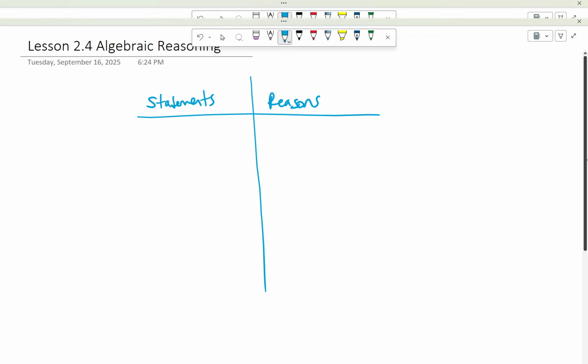On the left is where we're going to show our work and say what. And on the right side is where we're going to explain our work and say why. So left is what, right is why; show our work, explain our work. The key here is that in math class, when I ask you why, your answer should be rather quick and succinct.